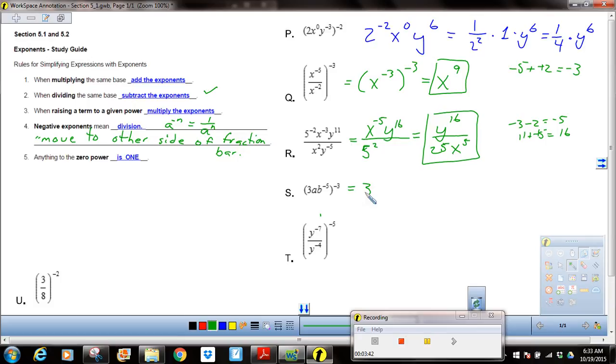3 to the negative 3. A to the first raised to the negative third is 1 times negative 3 is negative 3. B to the negative fifth, raised to the negative third. We're going to multiply the exponents. You get b to the 15th. Sorry about that.